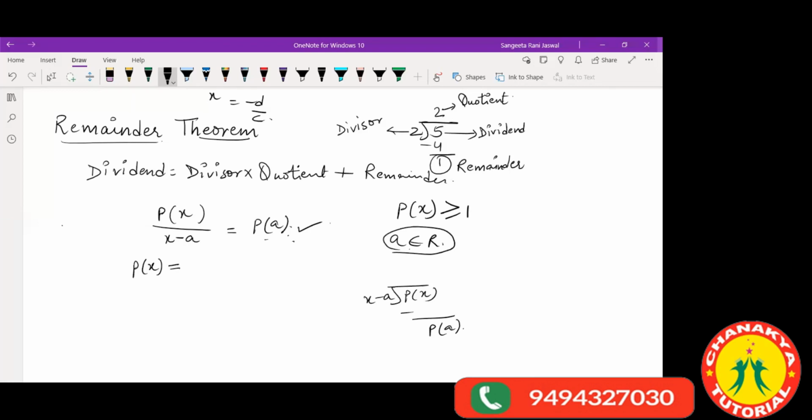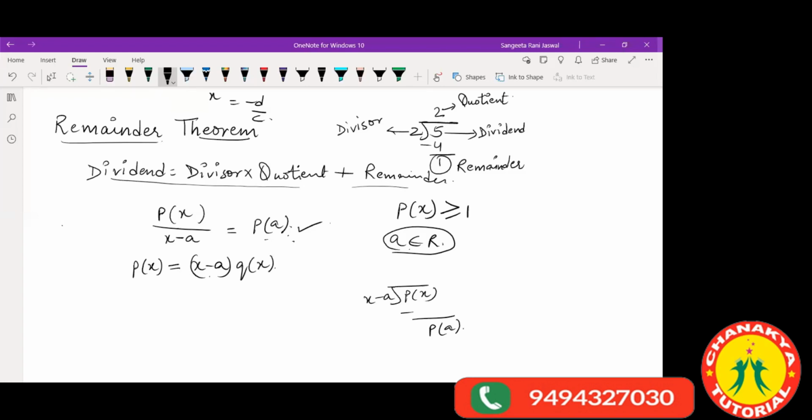Okay, p(x), we can write it as, this is the divisor. और क्या होता है? We know this statement, no? Dividend is equal to divisor into quotient. Now quotient will be some polynomial, यहाँ पे कुछ होगा, we don't know that. हम इसको q(x) मान लेते हैं.